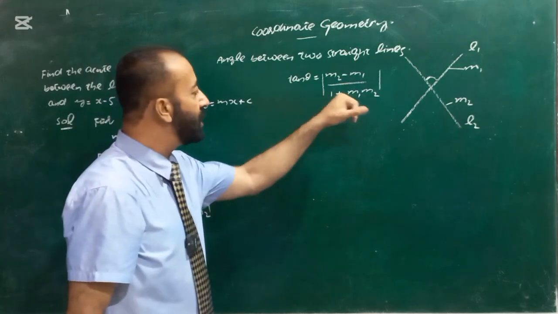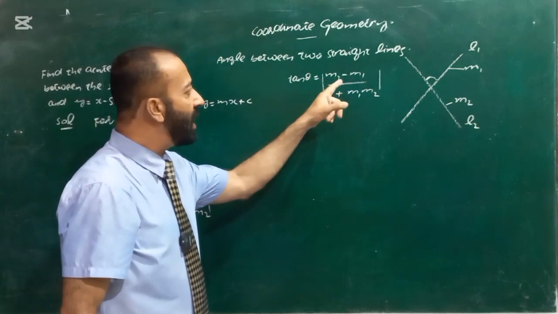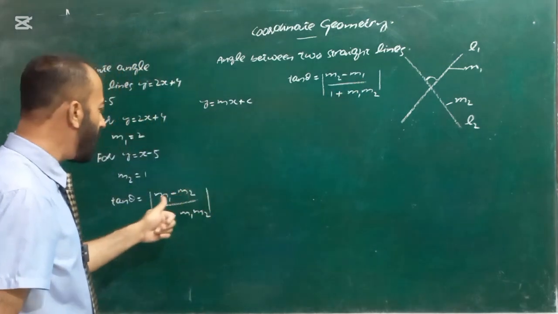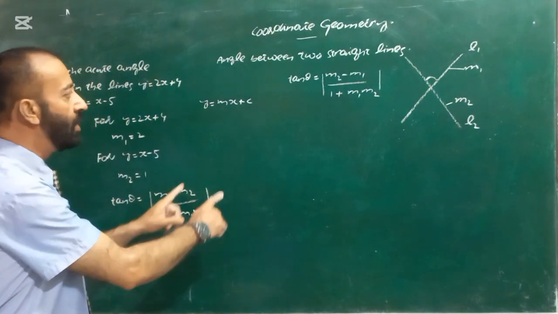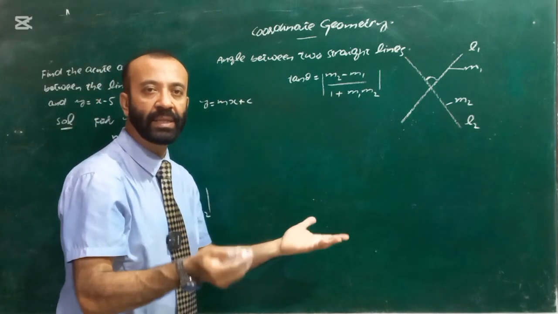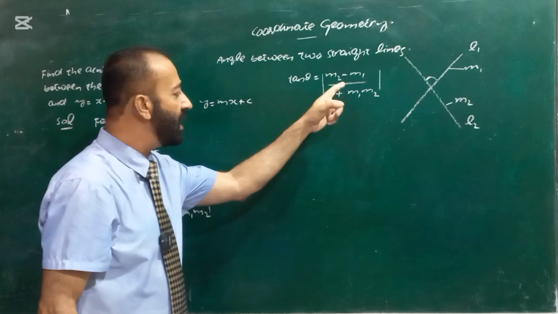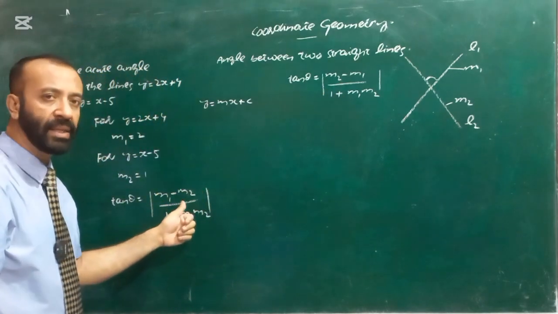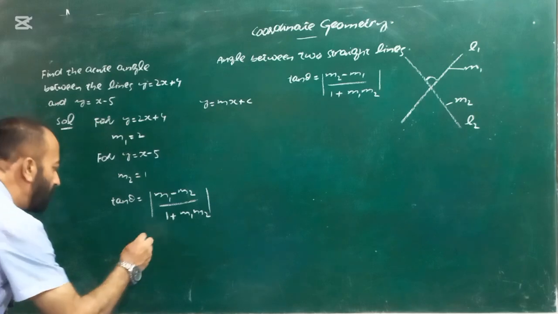The second thing to understand is in the numerator m2 minus m1 can be placed, or m1 minus m2 can also be placed, because this mod will make the answer same. So you can use the formula m2 minus m1 in numerator or m1 minus m2, so the result will be same. So look now, we are going to put the values.